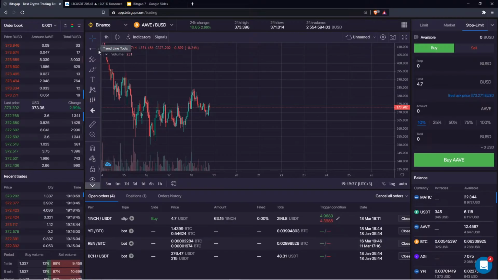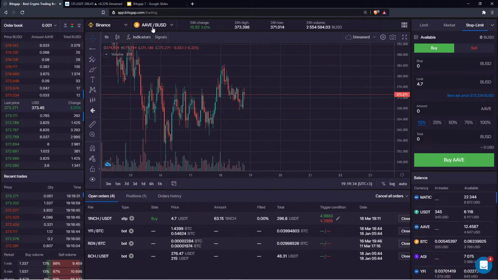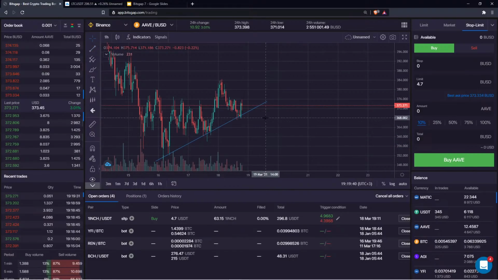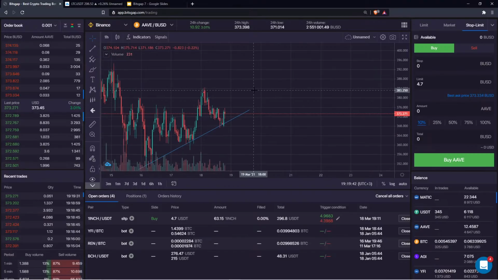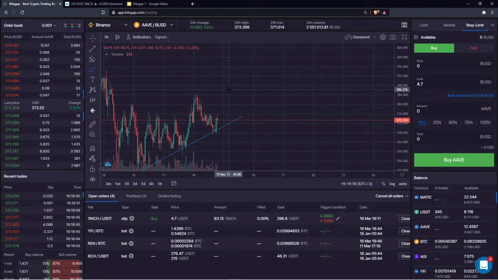let's assume that you want to enter the market at certain conditions. So you look right now at the chart, which is the AVA trading to BUSD, and let's say you made your research, and it turns out that you expect the market to continue the rally like this, right? But you don't want to enter the market at this current point, because you want to see the price breaching the previous higher high. You see, HH, okay?